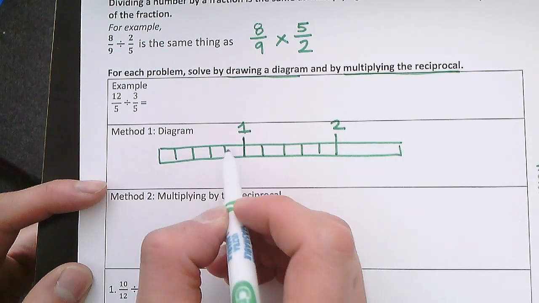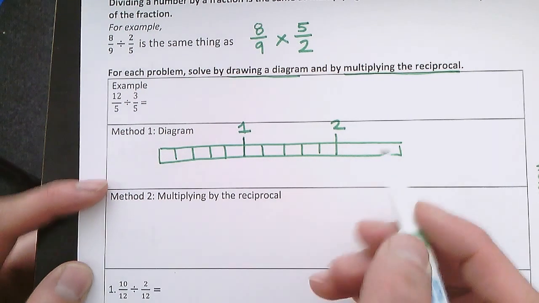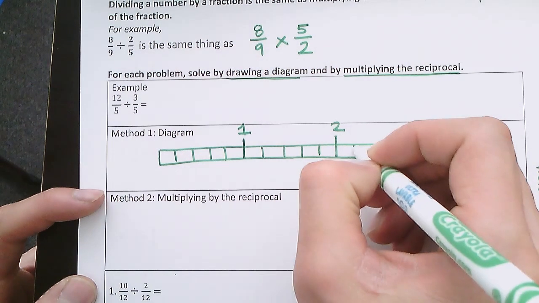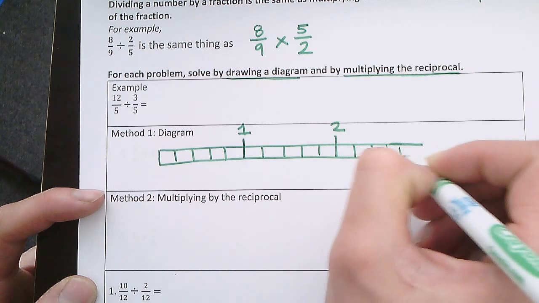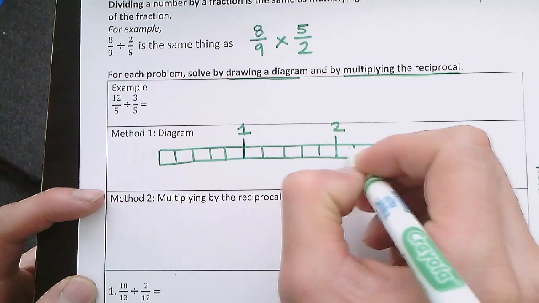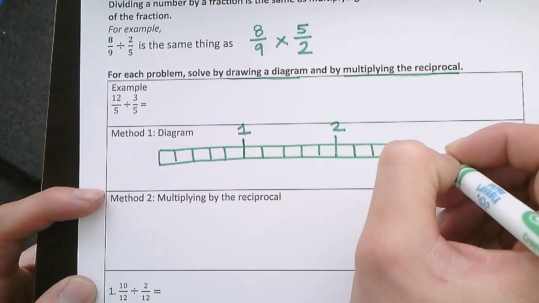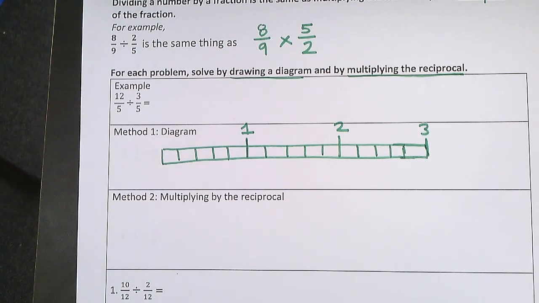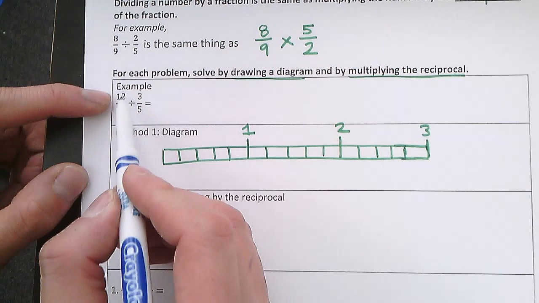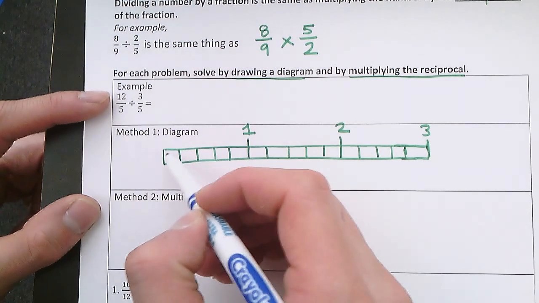So we have 10/5. Then I'll extend this out a little bit so I can get the full 5 here, that would be 3 wholes. Of all of these fifths, we start with 12/5, so I'll shade in 12 of these.